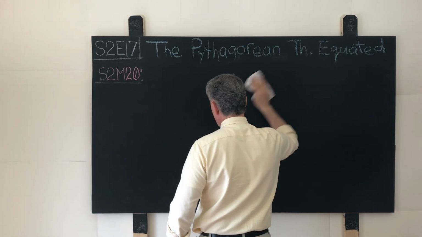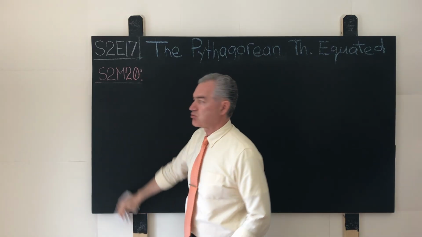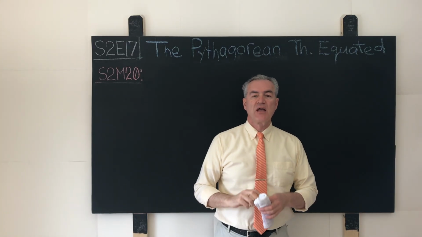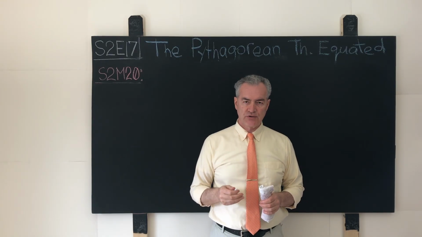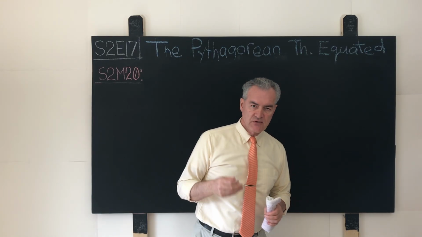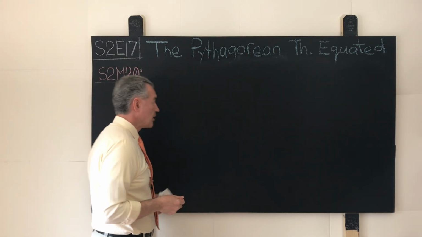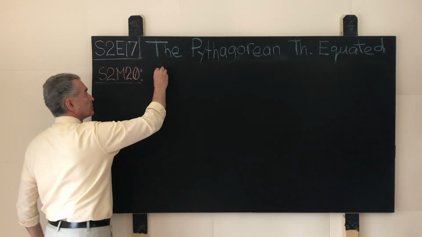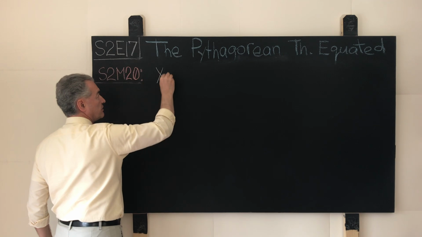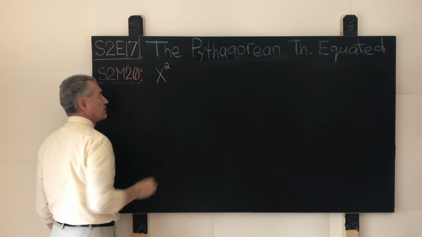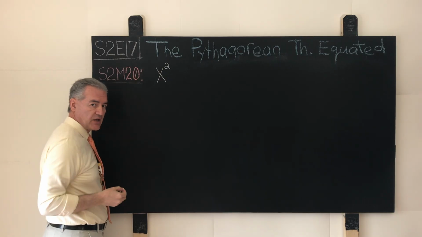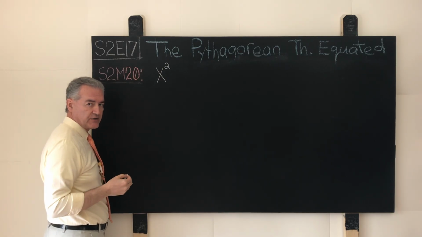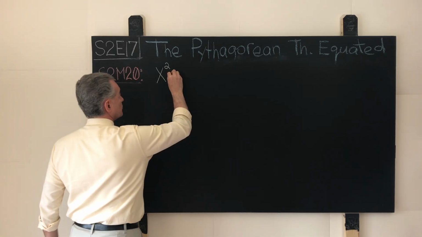Wonderful. Now that we're done with the mathematical problem S2M19, our next challenge, the mathematical problem S2M20, will be the following. In this problem, you are invited to solve the following algebraic equation in the most famous variable of all time, x, a polynomial or algebraic equation in x, which looks as follows.